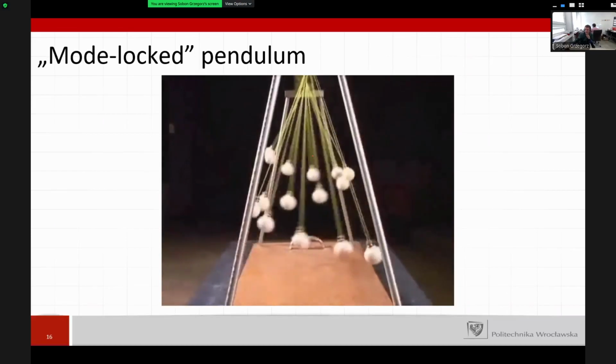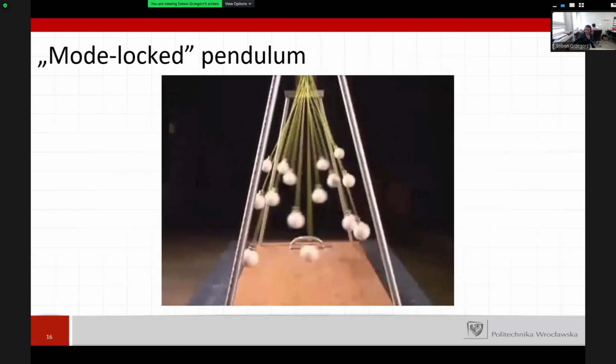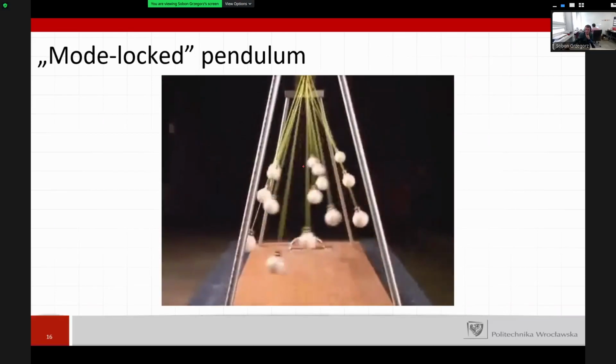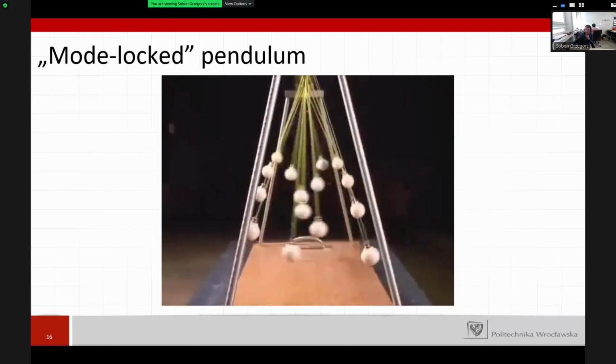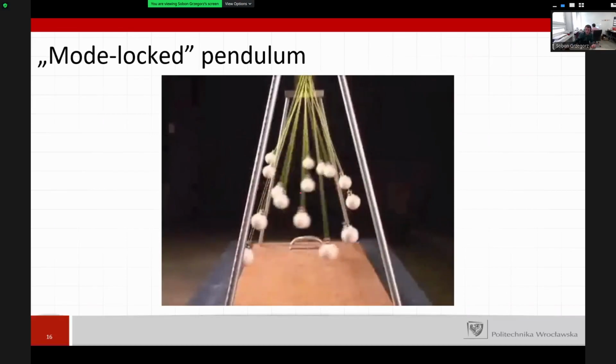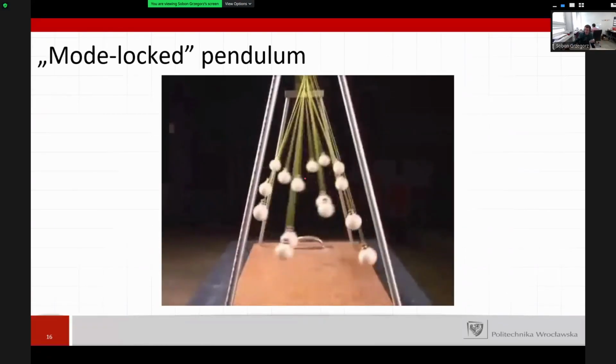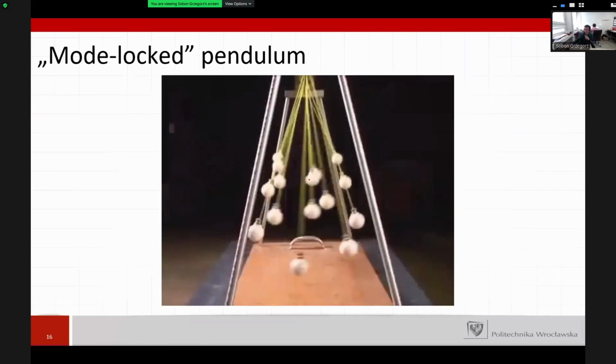All these pendulums have different frequencies because the length of these wires was different, but they have the same phase because, as you saw, the guy started all these pendulums at the same time.